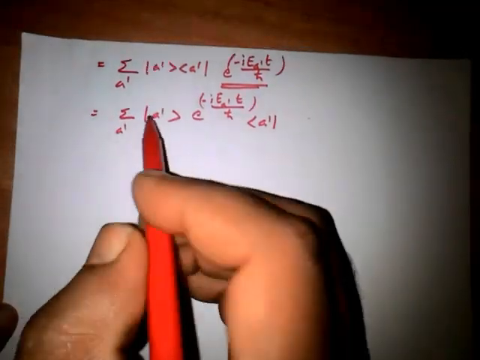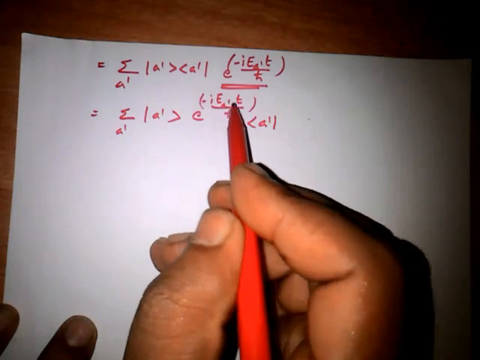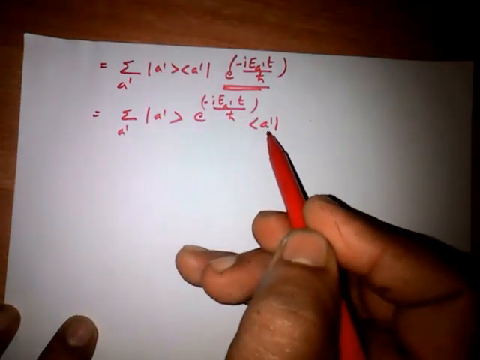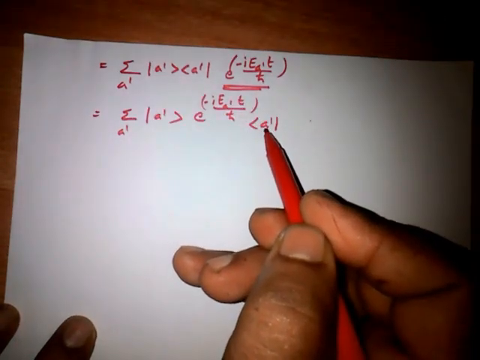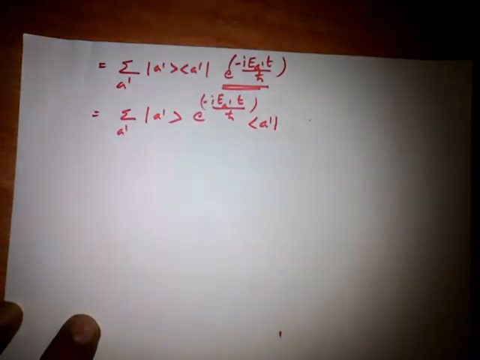So that is equal to the sum over a dash of e raised to minus i E a dash t divided by h cross into the bra a dash.